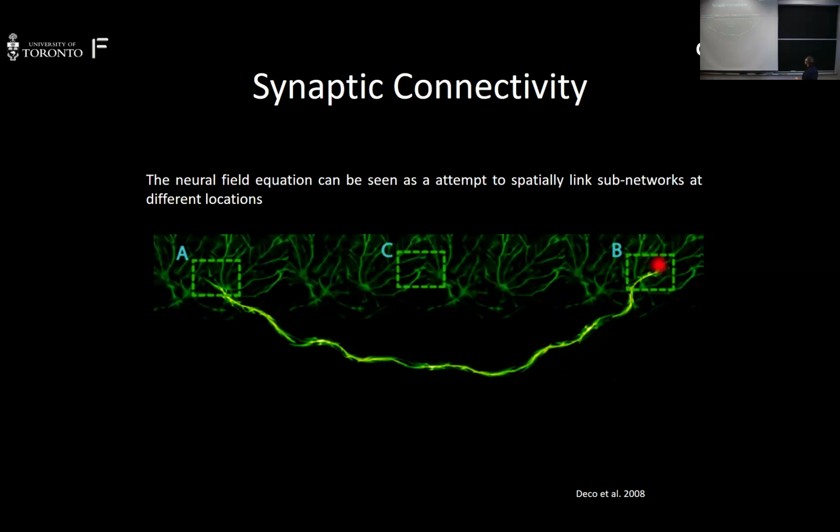Let's say in B there are a lot of dense local connections, then a small number of long-range connections, and actually a good number all the way in between. That would be a spatially continuous connectivity structure.